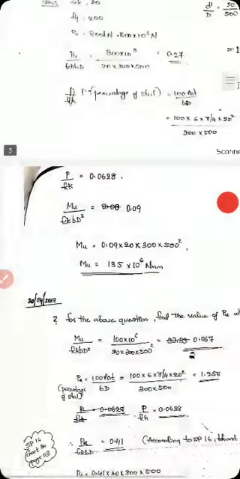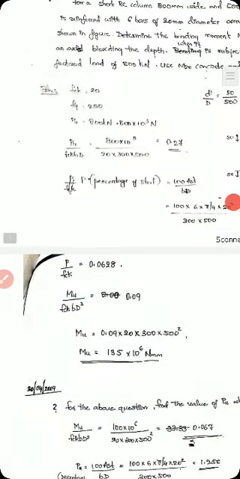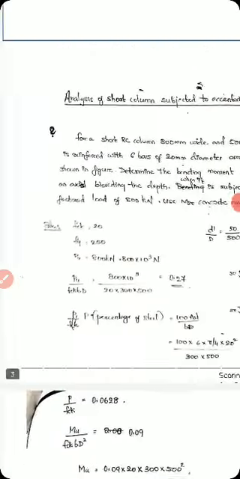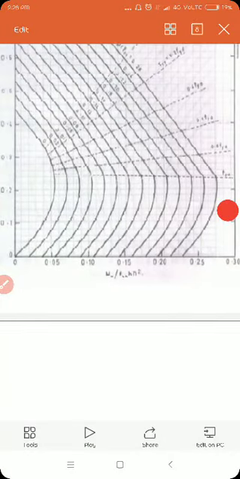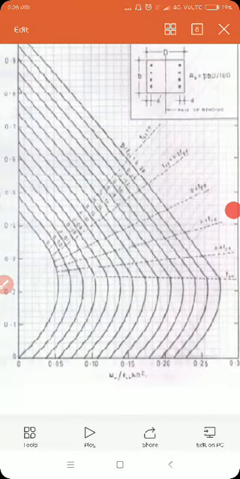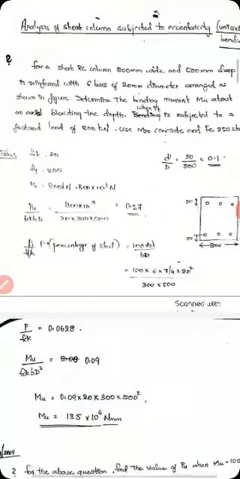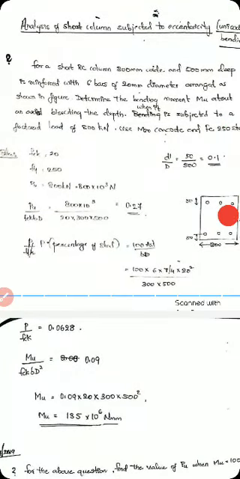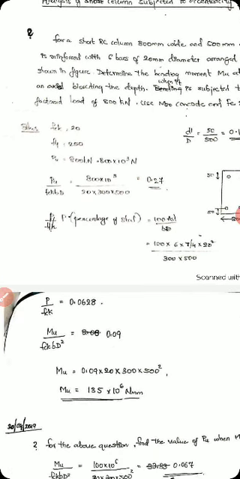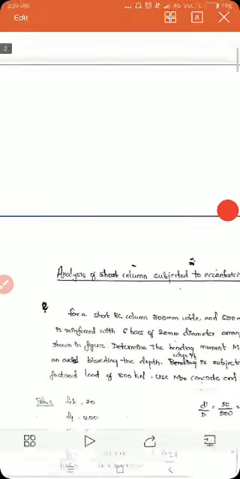We found Pu by fck bD as 0.27, and then we have to know about p by fck, where p is the percentage of steel. Percentage of steel is equal to 100 Ast by bD, and Ast is 6 into pi by 4 into 20 square. So we can calculate the p value, and p by fck is given as 0.628.